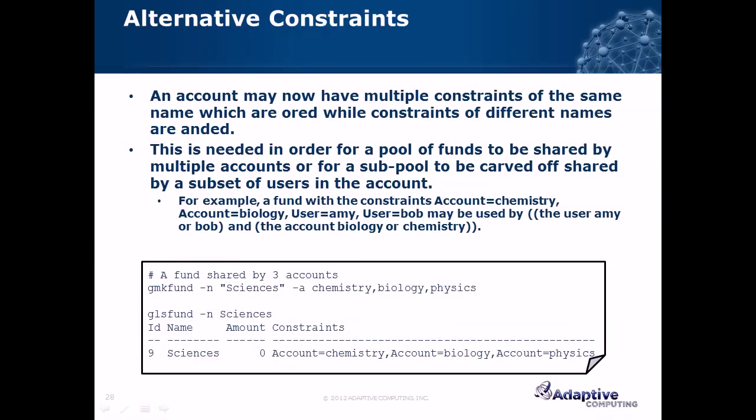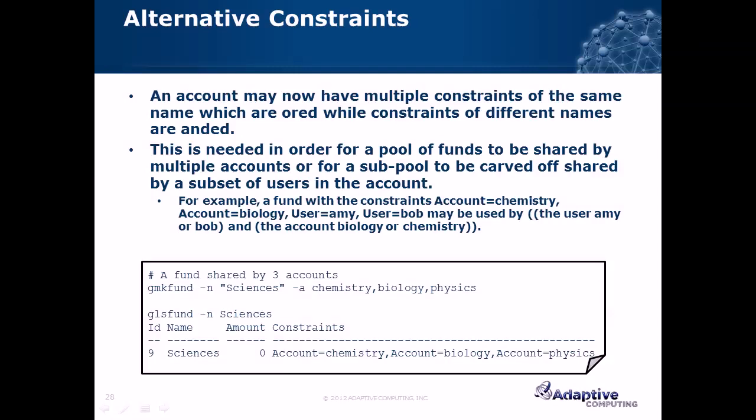So, alternative constraints, it's more of a technical debt issue. We wanted the ability to share funds, okay? So I want a fund that's shared between 3 different accounts: chemistry, biology, and physics. Previously, it was always an AND operation. So you could have a fund that said, for account chemistry and machine red, this was what you could use, but you couldn't say OR.